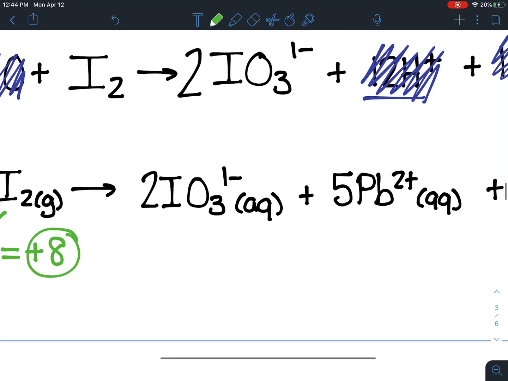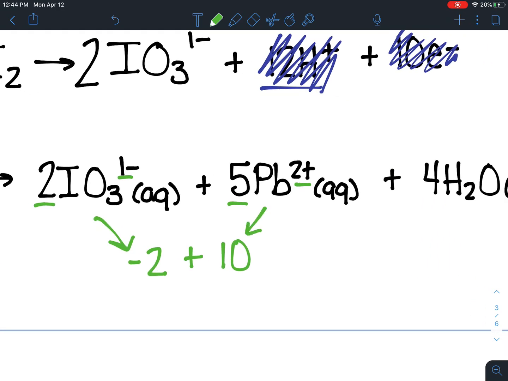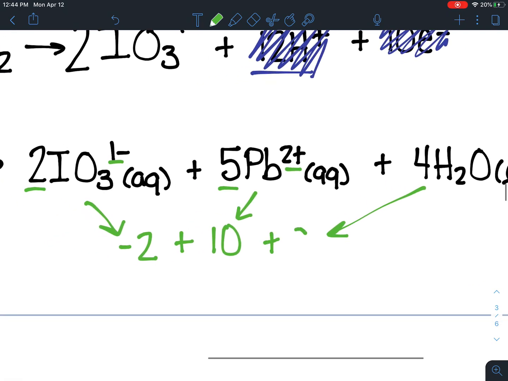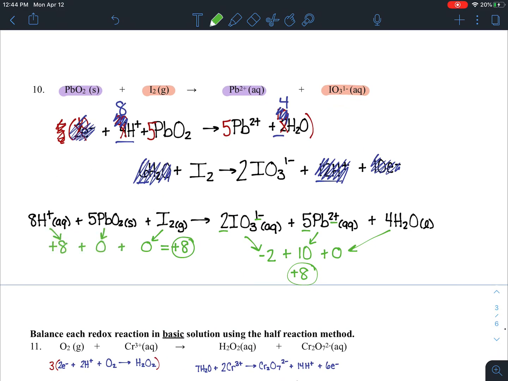And then over here, I get a 2 times a negative 1, so negative 2, plus 5 times 2 positive, so 10. And that comes from there. And then this is going to contribute a 0. And that's going to give me a positive 8. So just checking the charges, both sides balance, and this should be my correct answer.